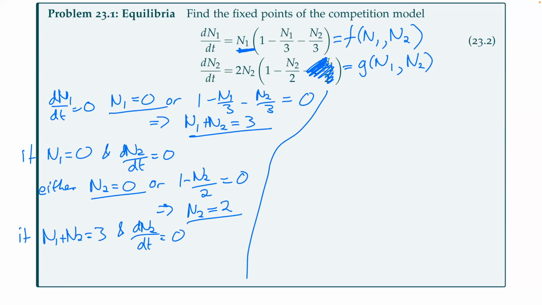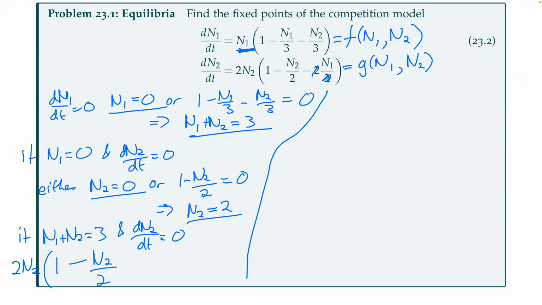So we need to substitute this into our dN2/dt equation. So we're going to have 2N2 at the front, brackets 1 minus, I'm going to keep my N2s, and I'm going to eliminate my N1. So this 2 over 2 just cancels. So you have minus N1.